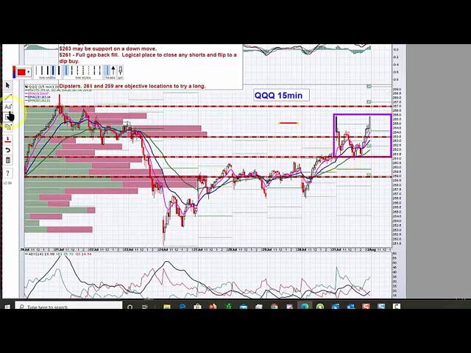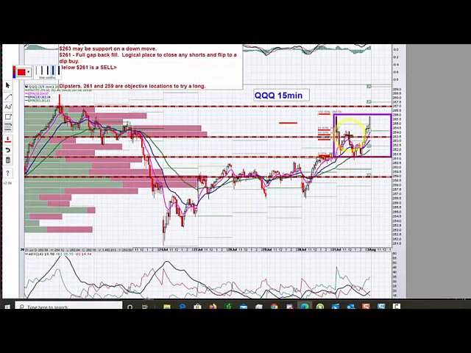Let's keep going. I'm going to throw some fibs up here. Again, you got a nice half back entry right here. Price kicked back 50% of the move.